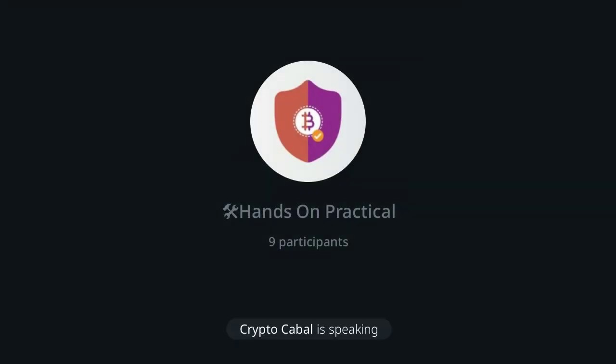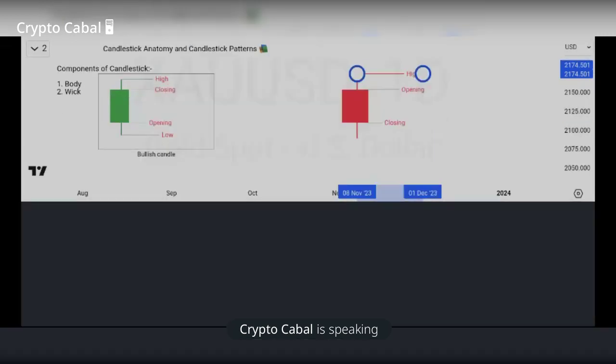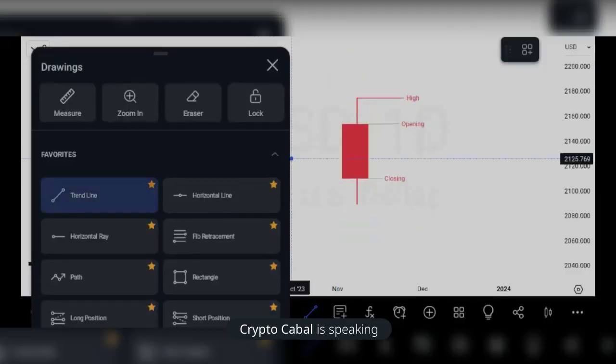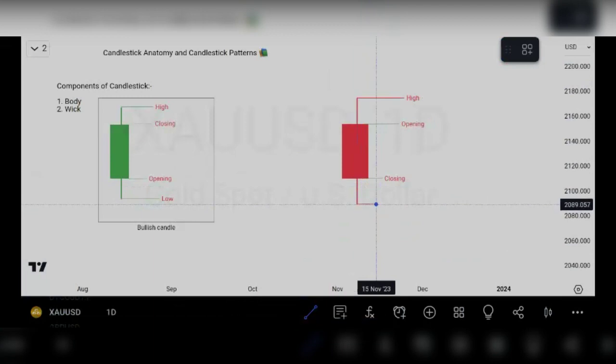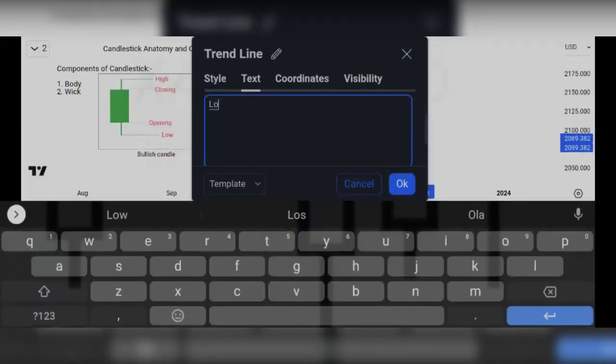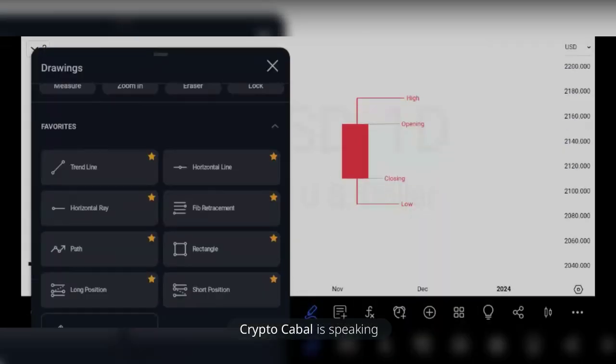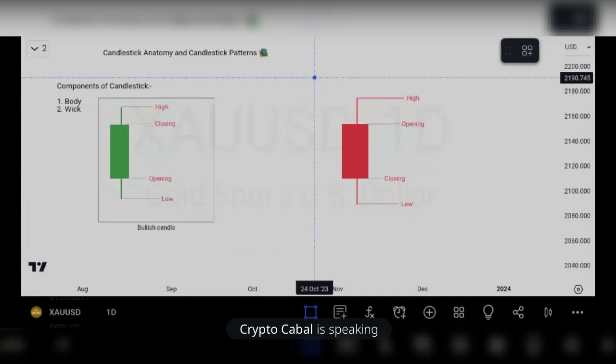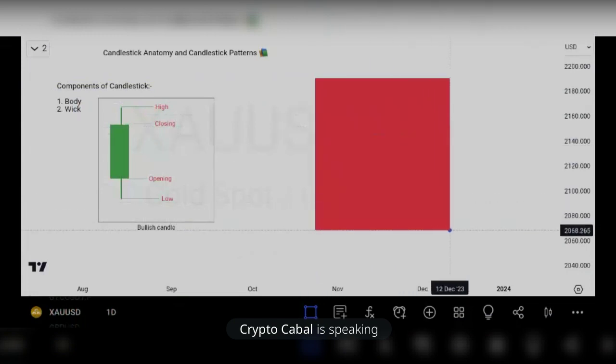We call this high. We call this low. And this is how the bearish candle forms.